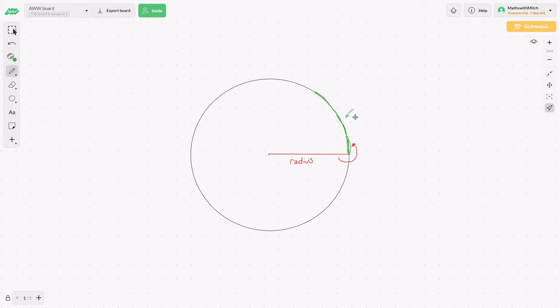So that arc length here is the radius in terms of the length. They have the same length. The arc length is the same as the radius.